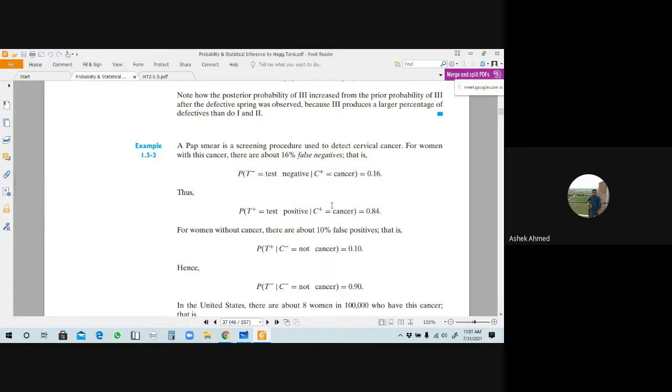From here, since this is T minus, we can find out probability of T plus given C plus. Is it right? So this will be 1 minus 0.16, which is 0.84. Is it right?